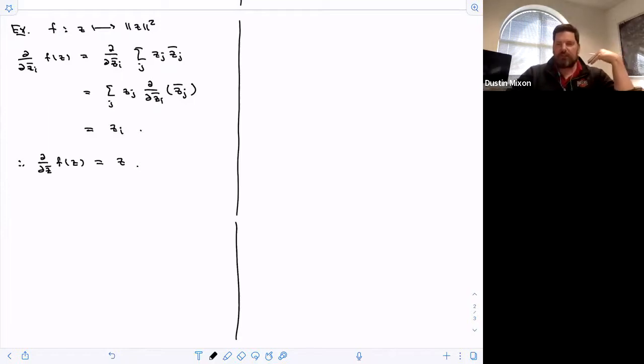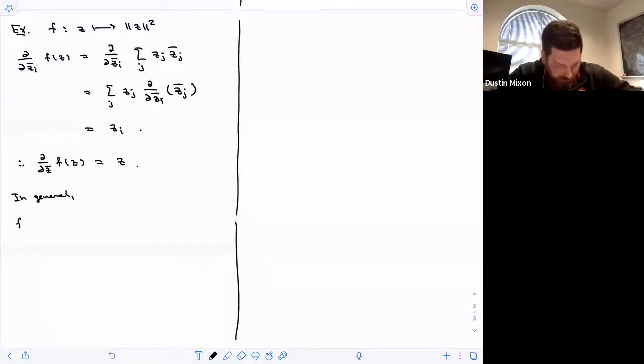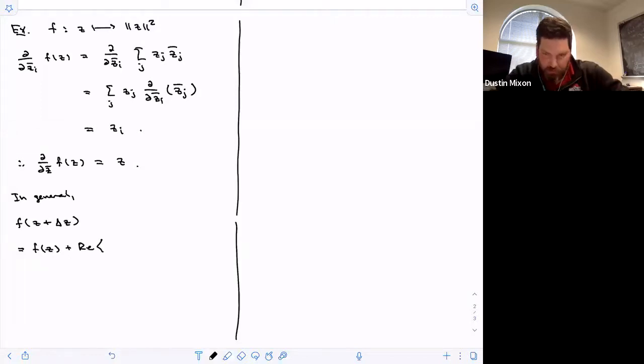So I just explained to you how you compute a Wirtinger derivative. Now I'm going to show you why it's useful. So in general, if you're looking at a first order approximation to your function, a little bit of symbol manipulation reveals that you get this quantity.